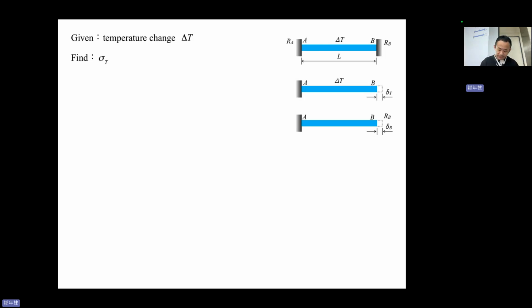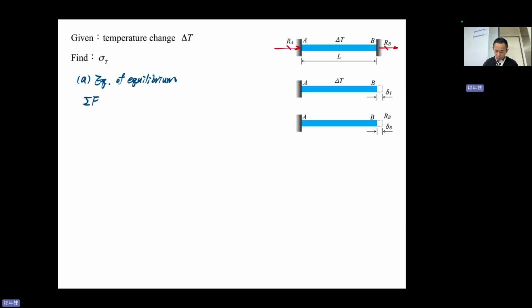Very similar. All right, so if you have two walls, they will give you reaction forces, RA and RB. We don't know the direction, right? We just assume that RB goes to the right-hand side, positive direction. Here, the equilibrium equation, okay?